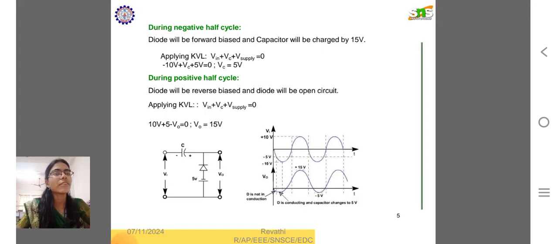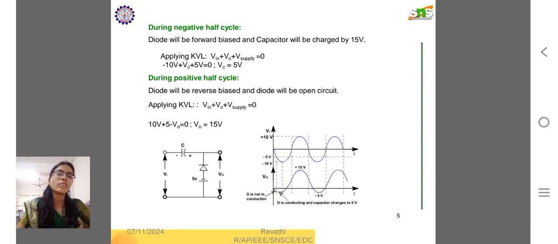During the negative half cycle, the diode will be forward biased and the capacitor will be charged by 5 volt. Applying KVL, the input voltage plus capacitor voltage plus supply voltage equals 0, and the calculated voltage is 5 volt. During the positive half cycle, the diode will be reverse biased and open circuit.